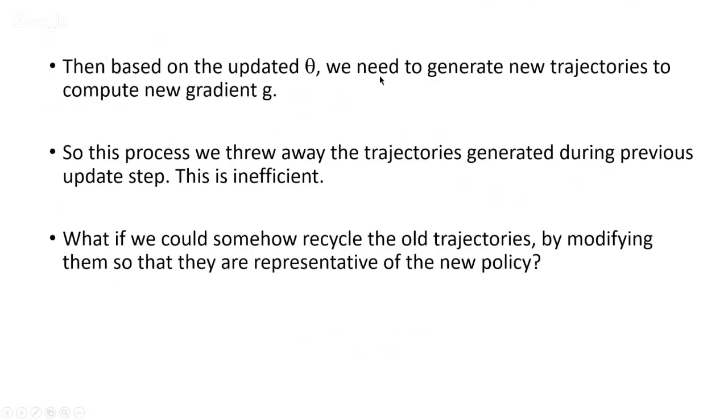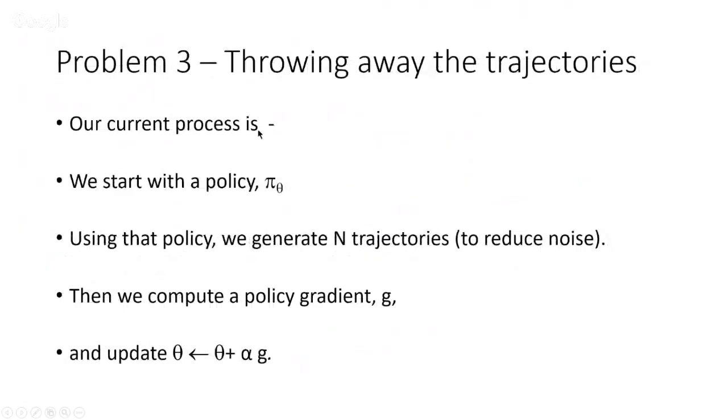Using this new theta, we have to again collect new trajectories and compute a new gradient, because that's how we will know whether this updated theta is any good or not, and whether we are going in the right direction in our gradient ascent, right? We can't update theta but use the same previous trajectories. We have to compute new trajectories. So what happens to the previous trajectories that we computed here?